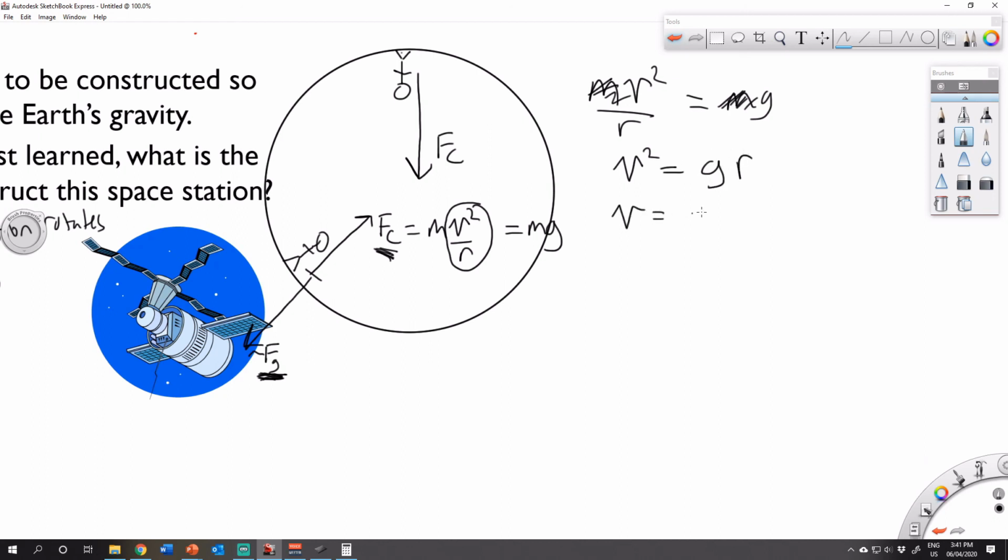We want to calculate the speed, so I'll just rearrange it. So the speed of rotation will be the square root of 9.8 meters per second squared times a radius of 5 kilometers. 5 kilometers is 5,000 meters. Remember to convert to meters when necessary.